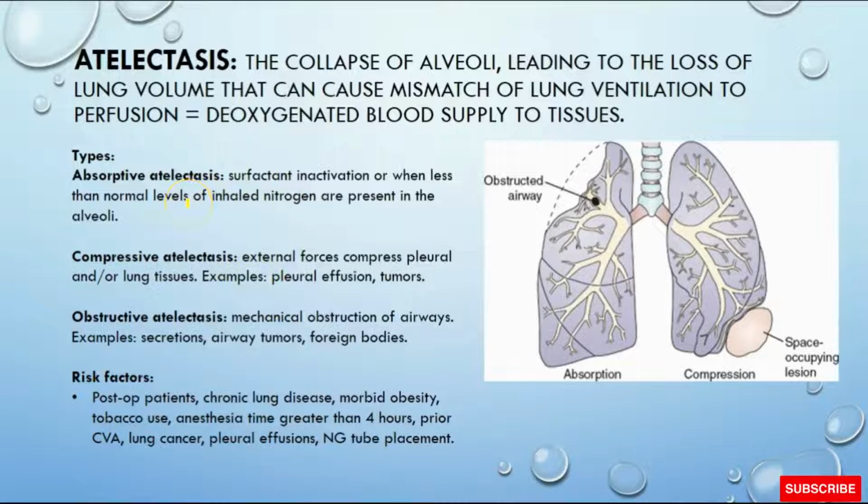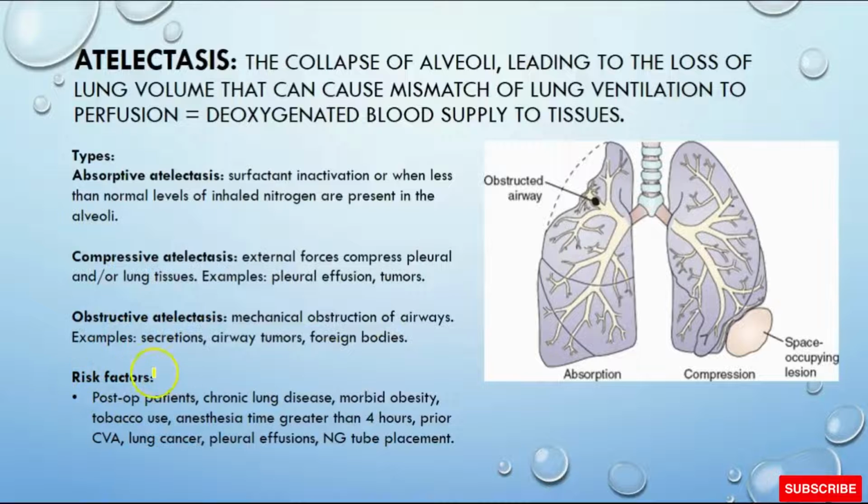Absorptive atelectasis is when there is surfactant inactivation, or when there are less than normal levels of inhaled nitrogen present in the alveoli. Compressive can come from pleural effusion or tumors. Obstructive can be a mechanical obstruction of the airway, whether that's from secretions, tumor, or a foreign body.